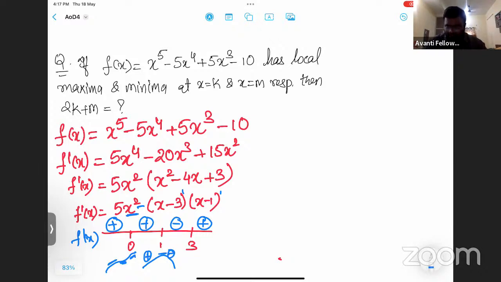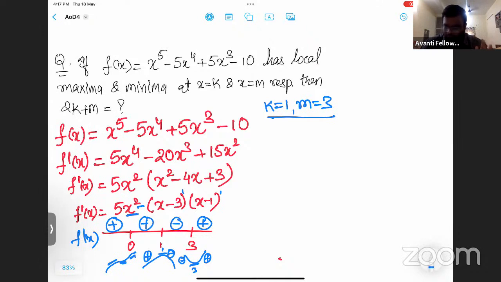And for 3, the slope is going from negative to positive, so it will be like that. Right from here, we can say the point of maxima, x equal to k. So k is equal to 1 and m is equal to 3. We can say this directly.